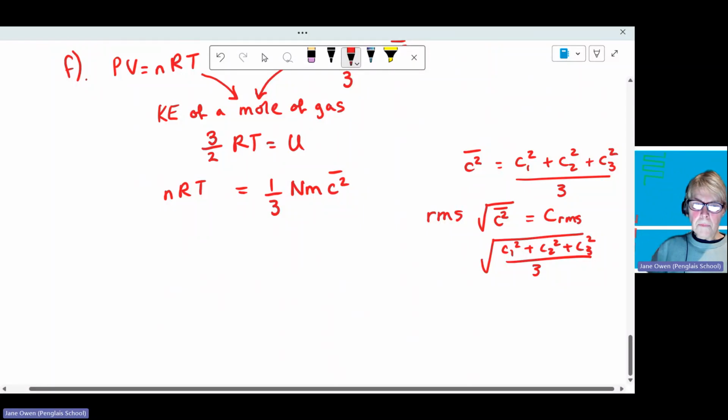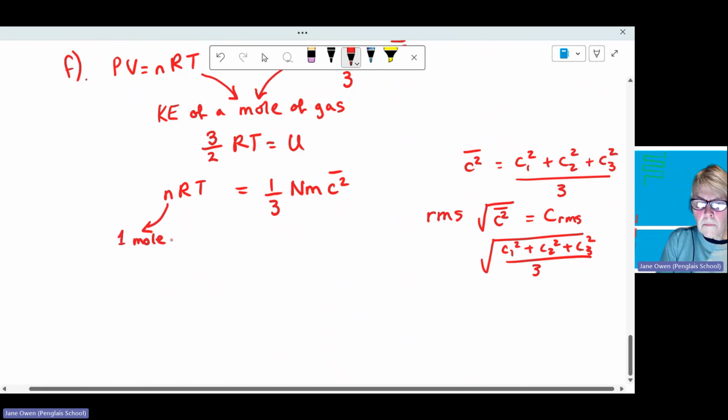Let's go back now to where we were. So RT equals a third N m mean square speed. Now we want to do it for 1 mole of gas.